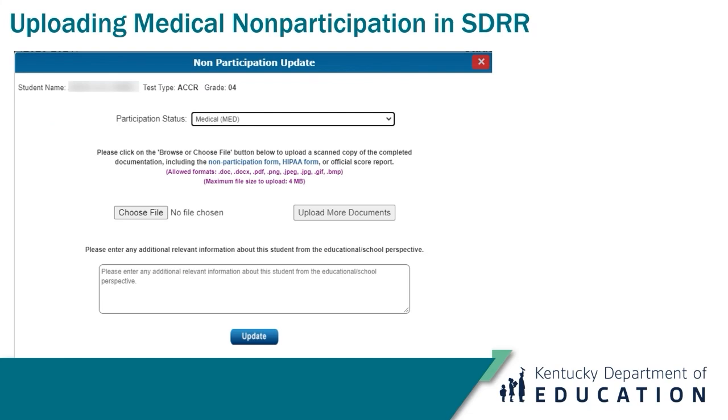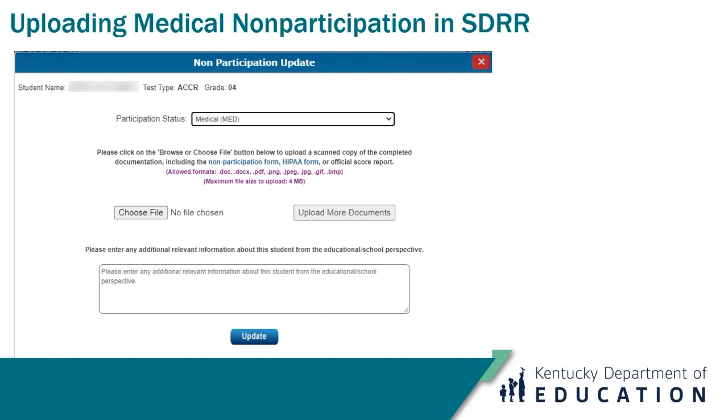What you'll do is mark the participation status as medical non-participation. Then it'll take you to this screen where you'll be able to choose the file, which is the non-participation form that you have saved on your computer. You'll find that file and upload it.